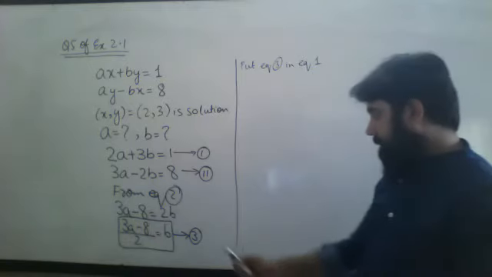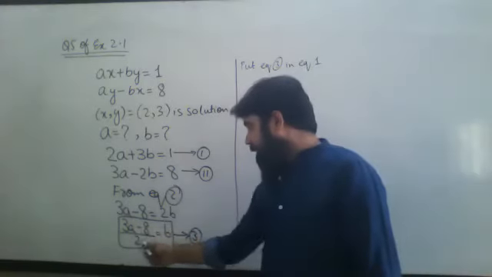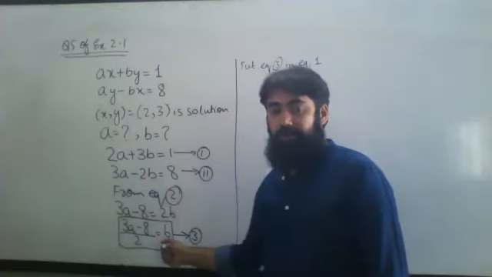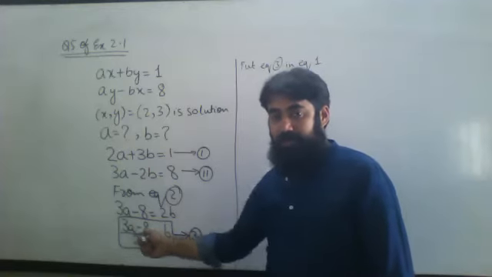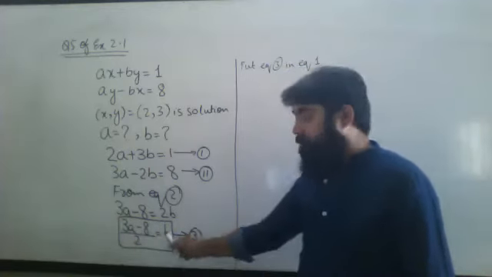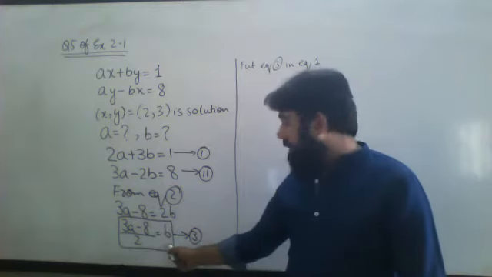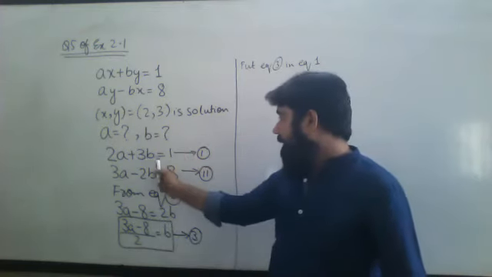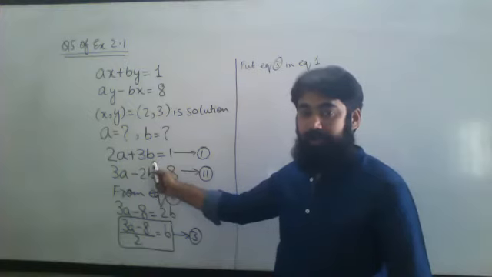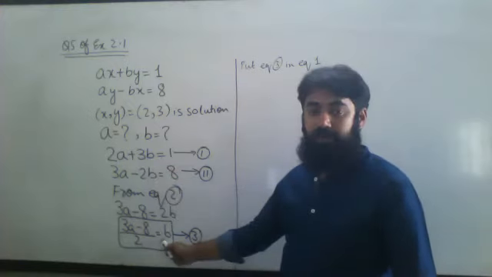Now what will happen? 3a minus b over 2 is equal to b, meaning the value of b is (3a minus 8) over 2. So I am going to put this value over here, in place of this b.